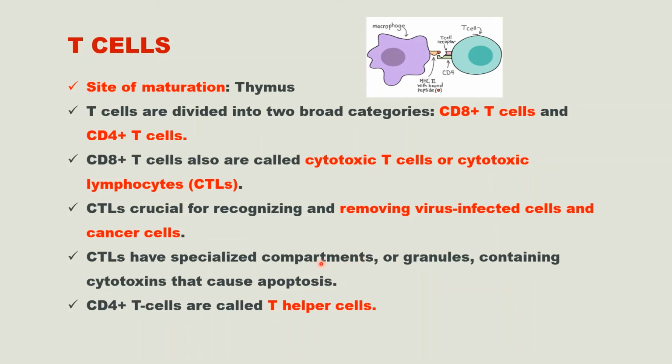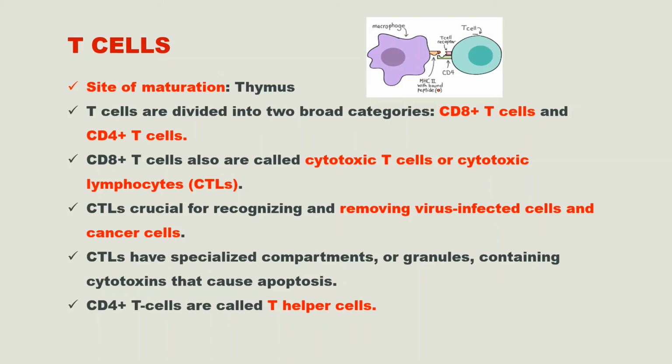CD4 plus T cells are called T helper cells. On the surface of T helper cells, the marker called CD4 is present, and on the surface of cytotoxic T cells, the marker called CD8 is present. So it is called CD8 plus or cytotoxic T cell and CD4 plus T helper cells.